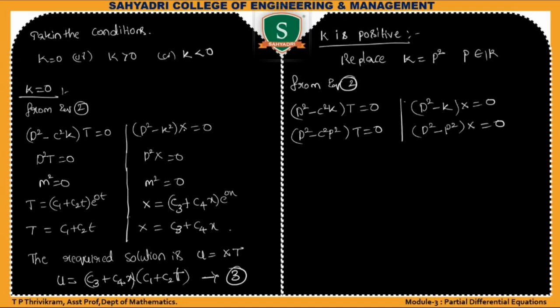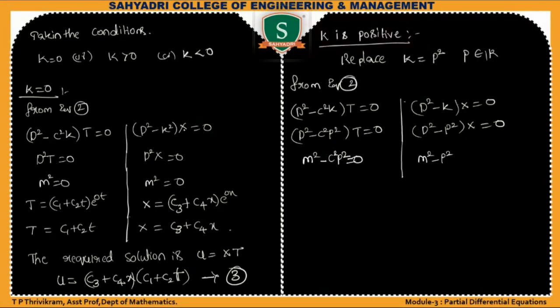So the auxiliary equation is m square minus c square p square equal to 0. Here also m square minus p square equal to 0.